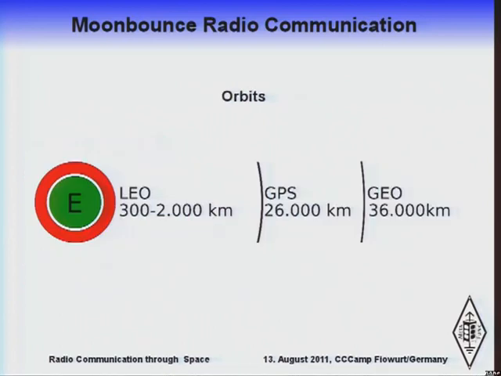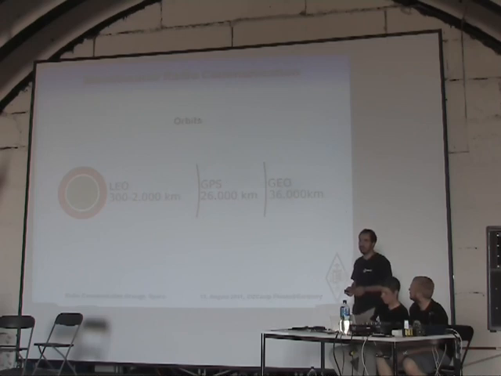Just for the relations, if you have here the Earth, low Earth orbits are from 300 kilometers to up to 2,000 kilometers. The ISS is now at about 380 kilometers. The Hubble Space Telescope is about 570 kilometers.